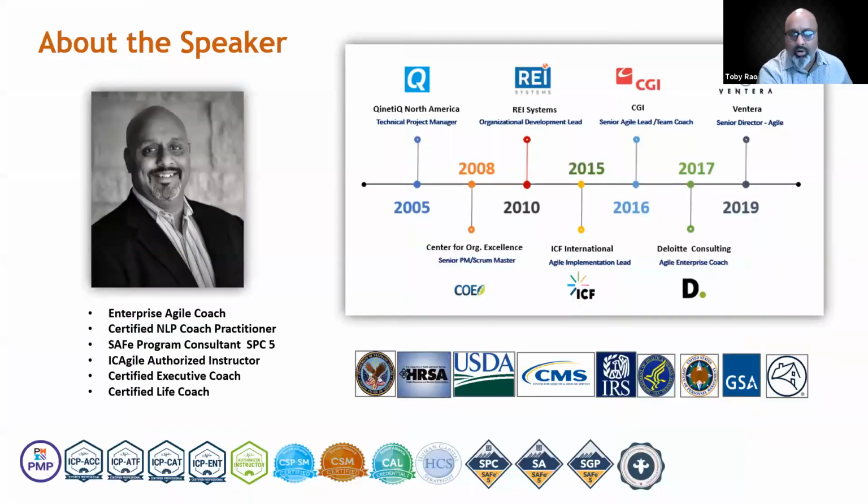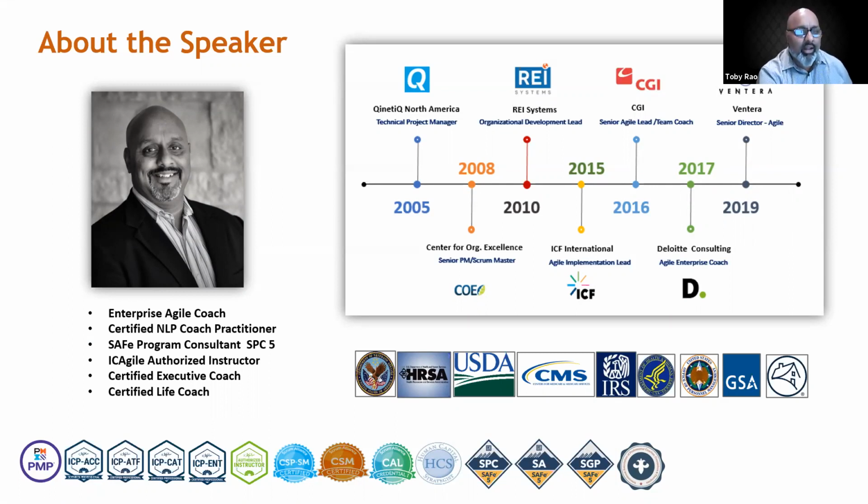So I'm not going to talk a whole lot about myself. I think Anju covered it really well. I've been around the block for a few years. I've been in the Agile community for a long time. I was very curious to learn about human dynamics, just a personal interest. And those of you who know me, I've always been very interested in the people side of leadership.